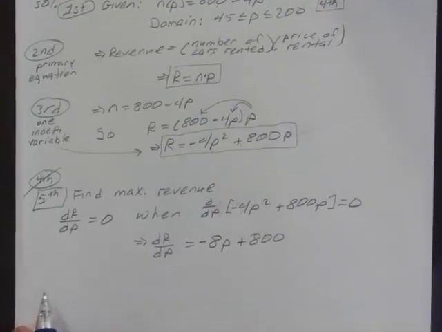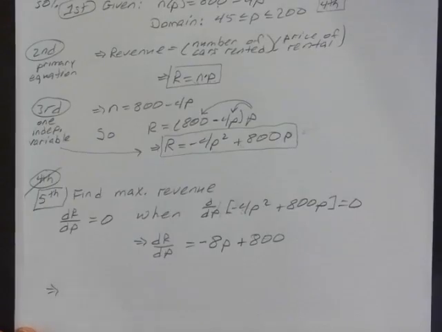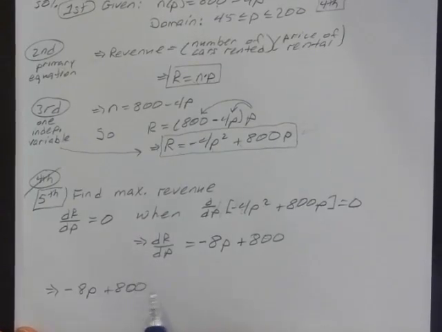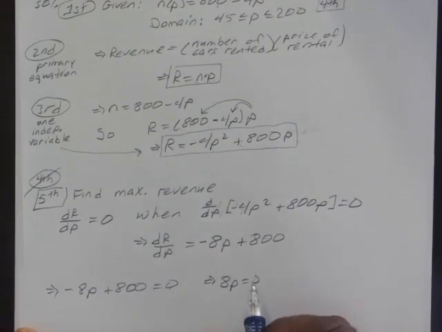And I'll move this over. There we go. So negative 8p plus 800 equals 0. If we add 8p to both sides, it gives us 800 equals 8 times p, or 8 times p equals 800.